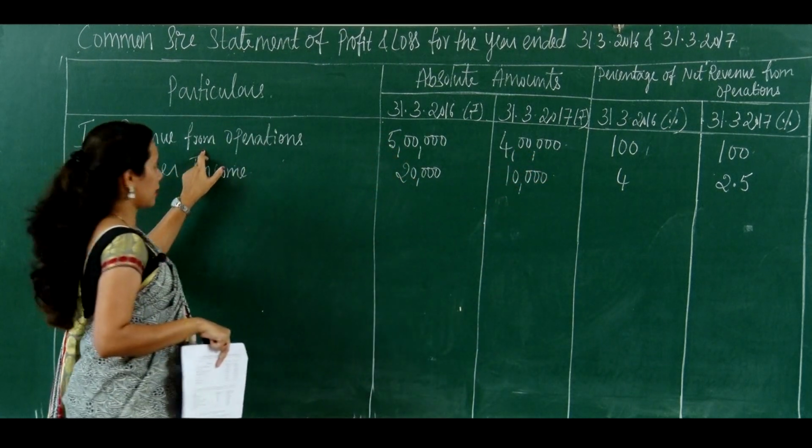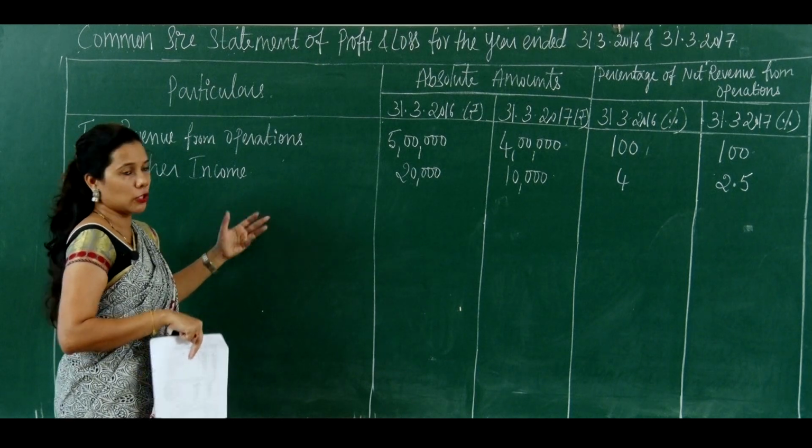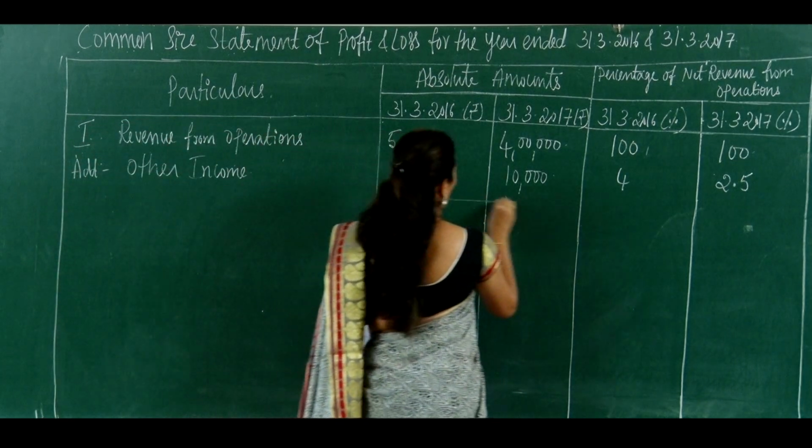So, after recording revenue from operation and other income, we can total it and find out the total revenue.